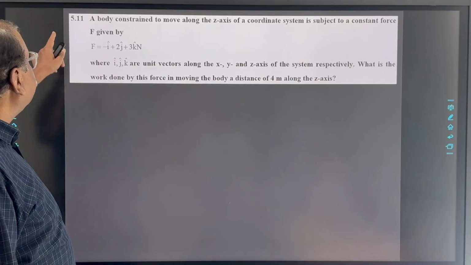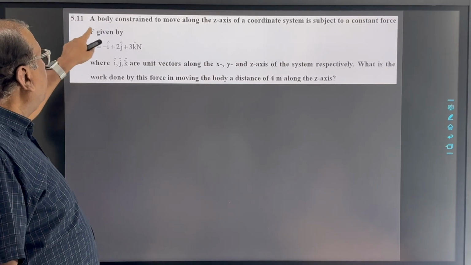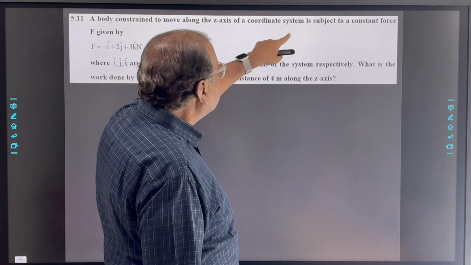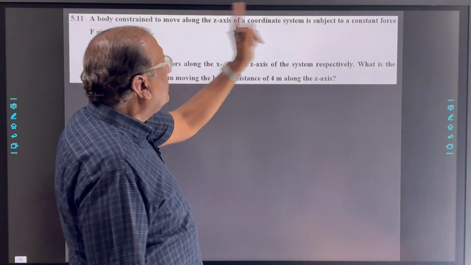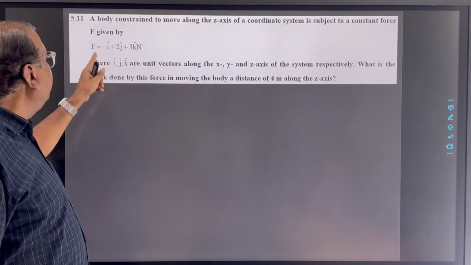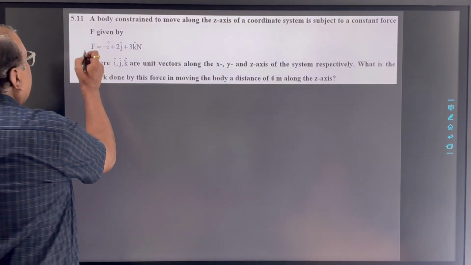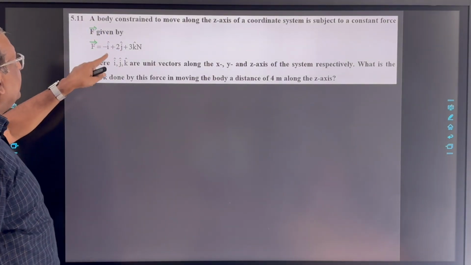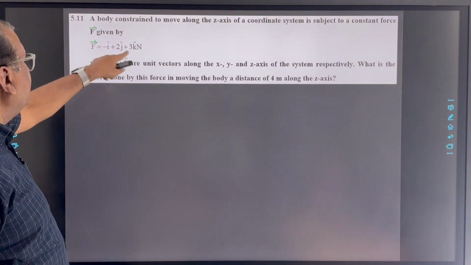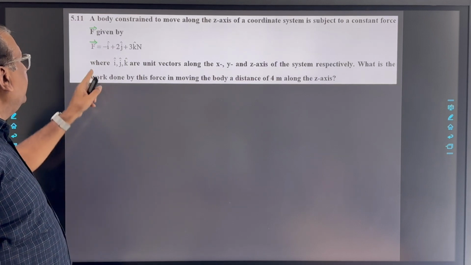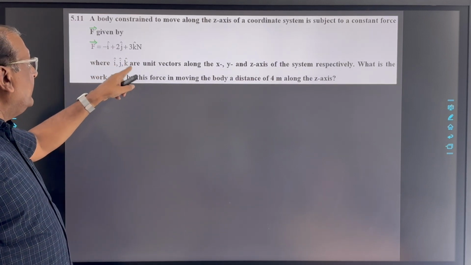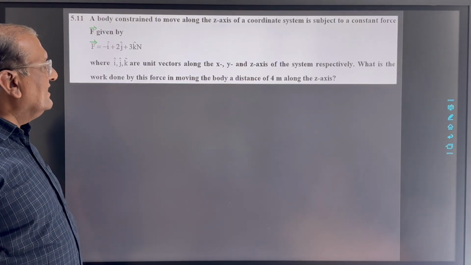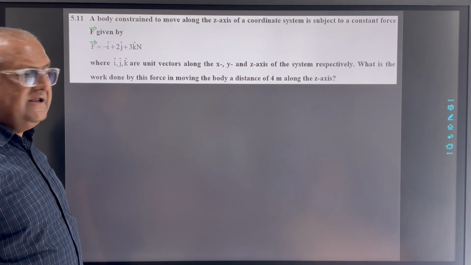Now exercise 5.11. A body constrained to move along the z-axis of a coordinate system is subject to a constant force F given by F equal to minus i caret plus 2j caret plus 3k caret Newton, where i caret, j caret, k caret are unit vectors along the x, y and z axis of the system respectively.